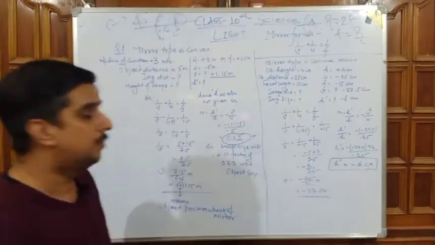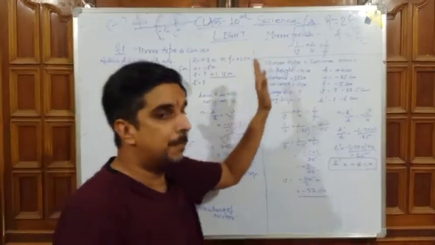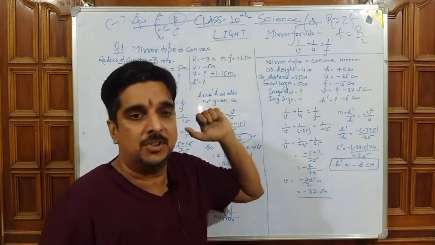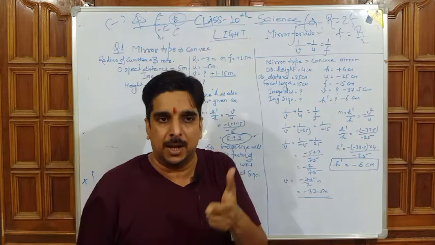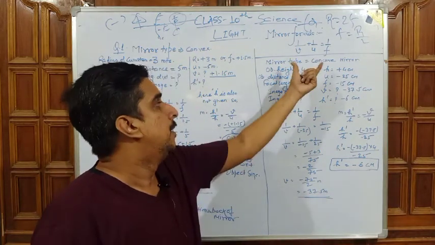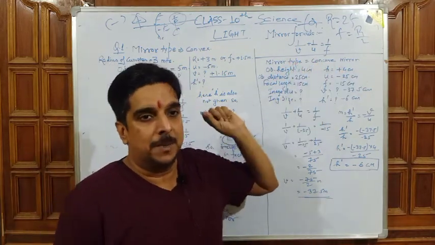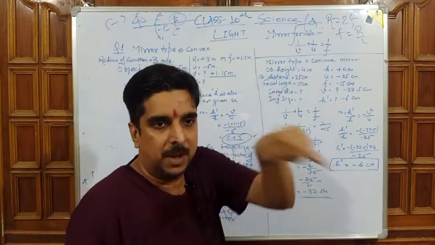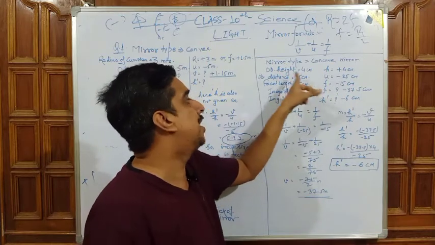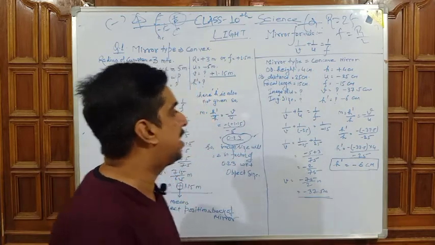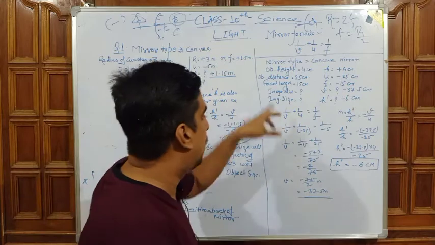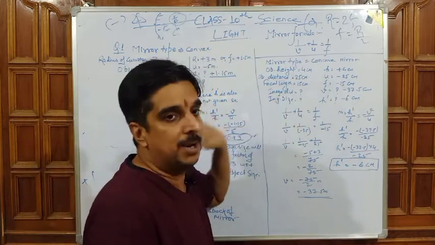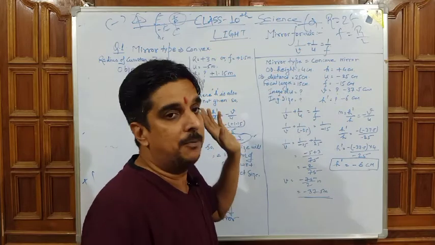Now we are moving toward question number 2. We are moving toward question number 2, and question number 2 is the one present in the NCERT book: mirror type concave mirror, object height. Here you can see in your NCERT book, the object height will be given 4 cm, and distance will be 25 cm, focal length will be 15 cm.